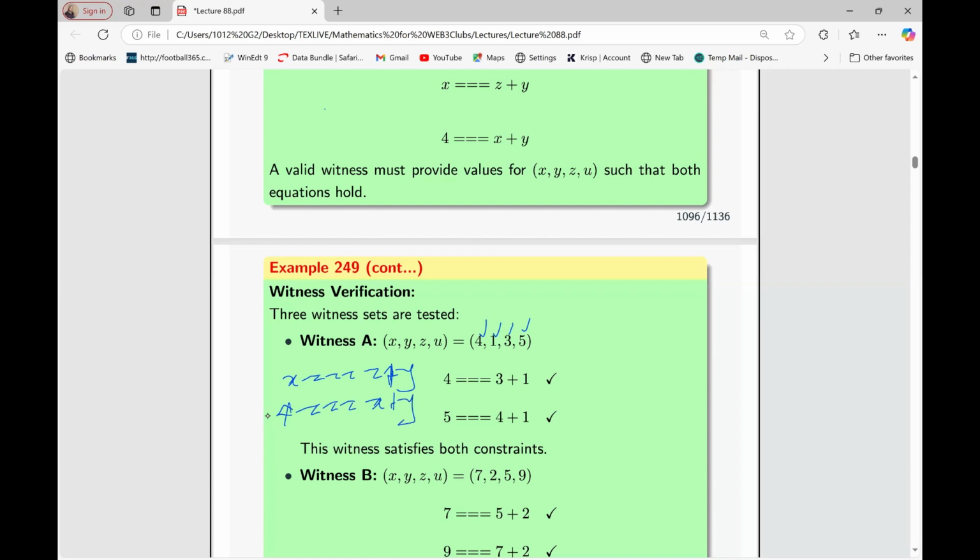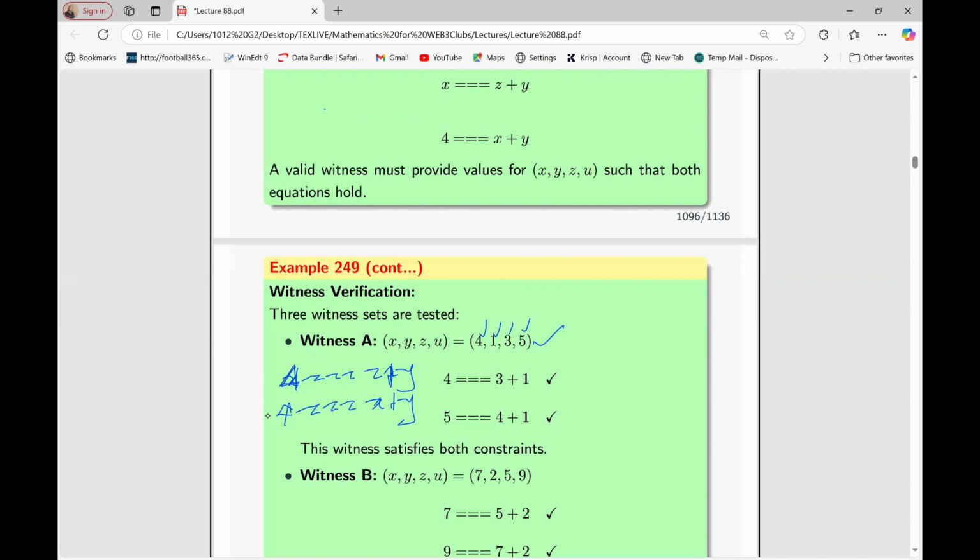So the prover says he knows where x, y, z and u are. Then you ask him to show. Then he gives you this. He gives you x to be 4. So you put 4 where there is x.